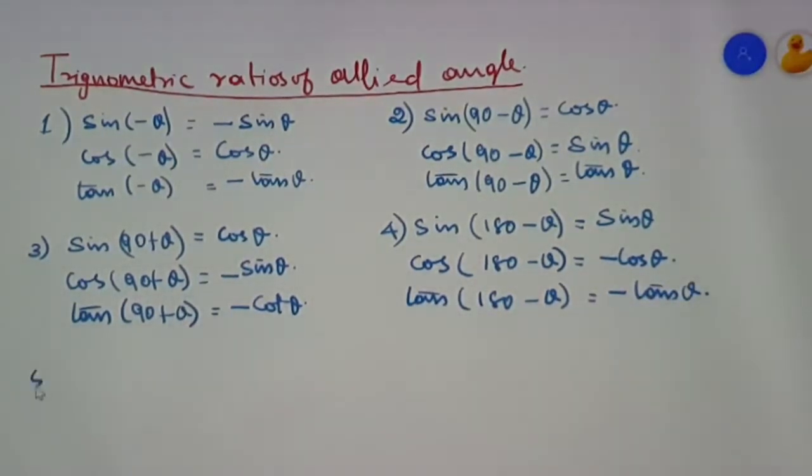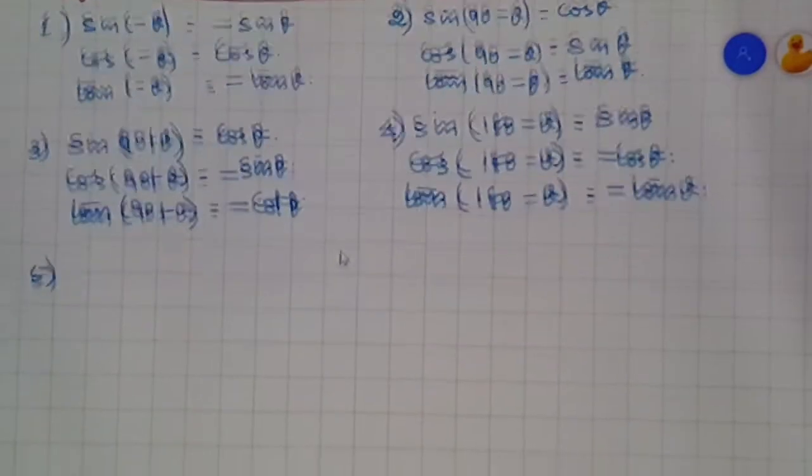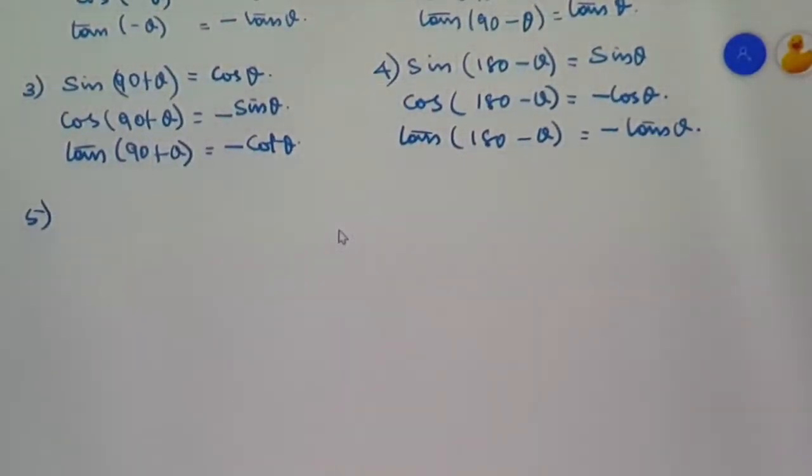Similarly, the next one, let us go for the fifth subdivision. What is the fifth one? 180 plus theta, let us consider. So first of all, sine of 180 plus theta is equal to minus sine theta.